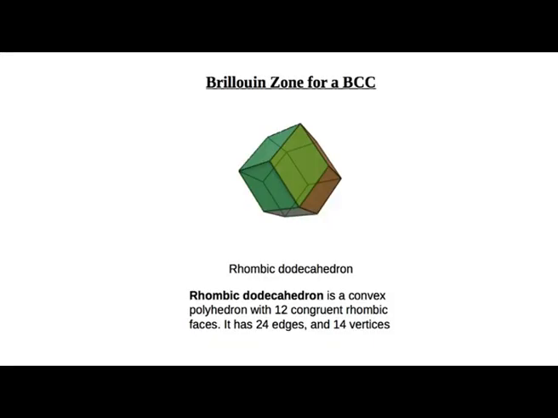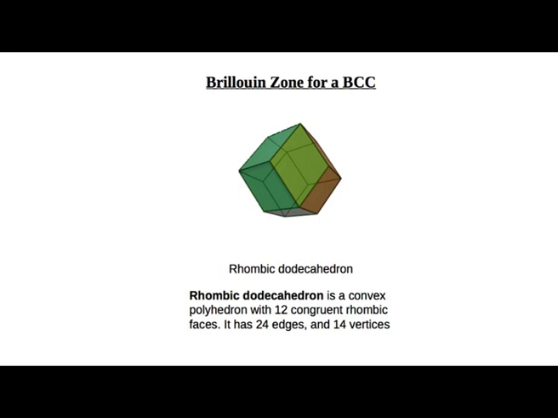As you can see in the figure, one can always aim for drawing the Brillouin zone for a 3-dimensional structure. In the figure you are seeing a structure called the rhombic dodecahedron, right. So, what is the rhombic dodecahedron?